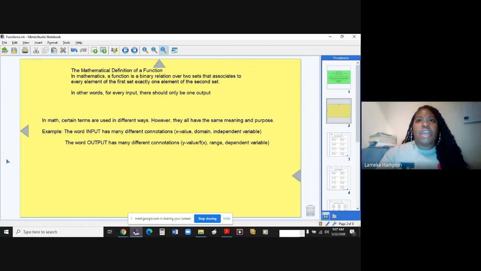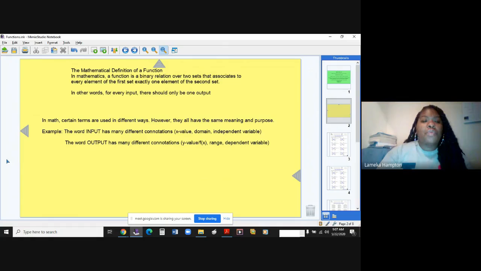If you are working in, I think, algebra 2 or maybe trigonometry, they may use the word domain. In science, independent variable. So all of these things mean input. Okay, they're just used in a different connotation. Okay, but understand that they serve the same purpose.